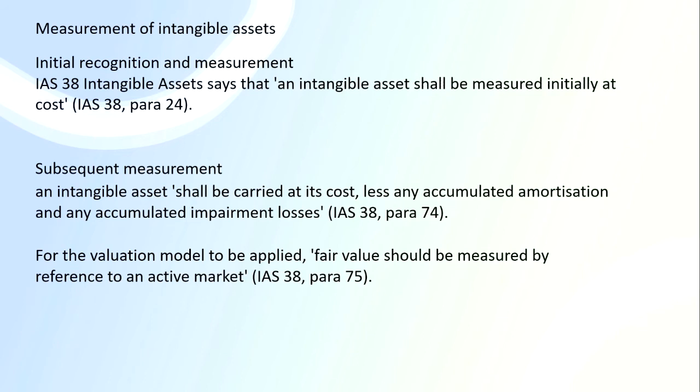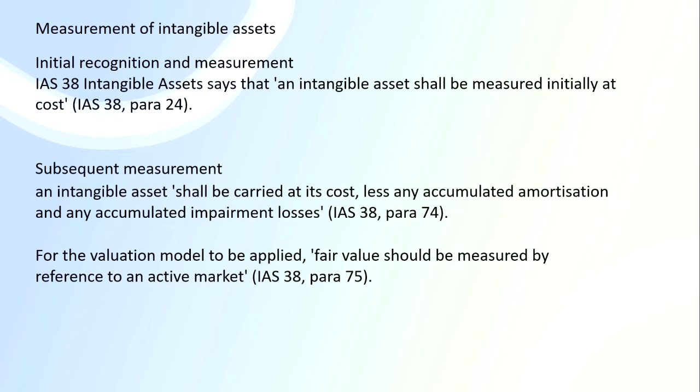And the subsequent measurement refers to the amortization. So an intangible asset should be carried at cost less accumulated amortization and any accumulated impairment loss. This is International Accounting Standard 38, paragraph 74.